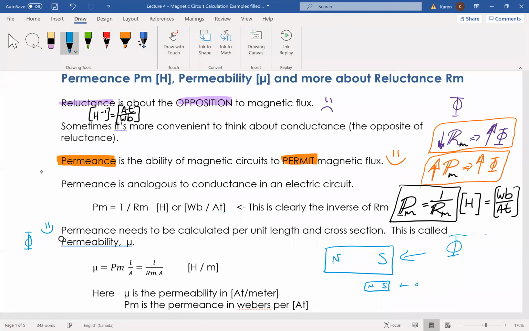So how strong is the material? If we're asking how strong is the material, it means we need to normalize. And that's just like if you buy a box of cereal, you say, well, how expensive is this cereal? Well, obviously, the larger cereal is going to be more expensive.